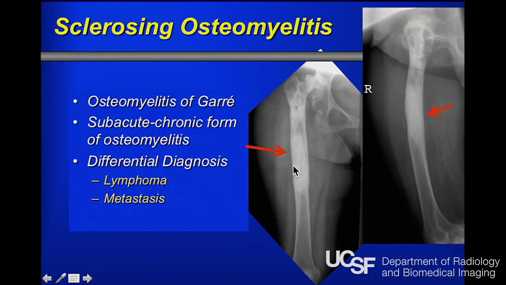There are some special types of osteomyelitis. One of them is the sclerosing type of osteomyelitis, or osteomyelitis of Garré, which is shown here, where the differential diagnosis towards lymphoma and metastasis can be tricky.